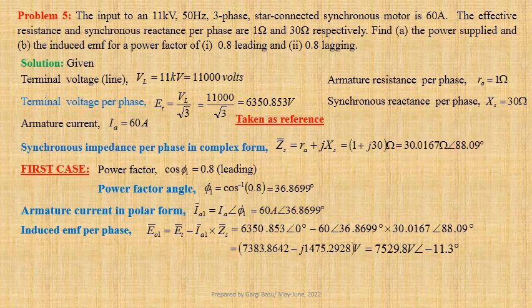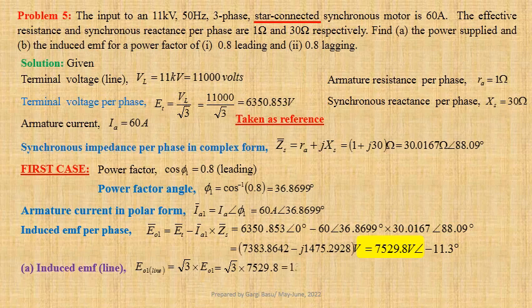Since armature winding is star connected, line to line induced EMF E01 line equals √3 times E01, that is √3 into 7529.8, which gives us 13,042 volts or 13.042 kilovolt. Now we shall calculate power supplied to the motor, P in 1 equals √3 times VL into Ia cos phi 1.